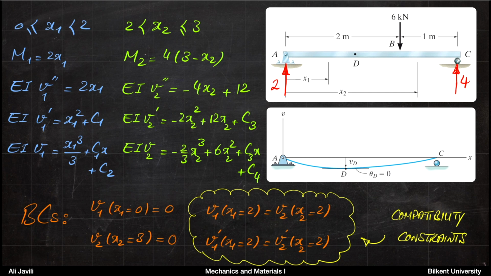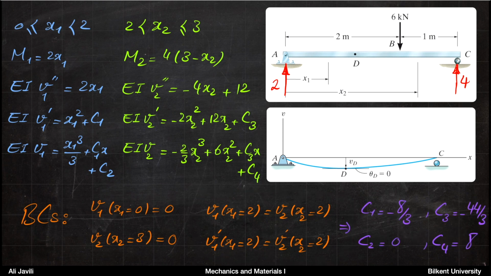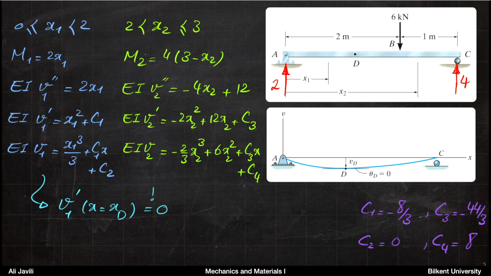All right, so once you do this, now you have 4 equations, 4 unknowns. You can calculate the 4 constants, C1, C2, C3, and C4. You can insert also those into your equations and calculate your deflection function for each side.